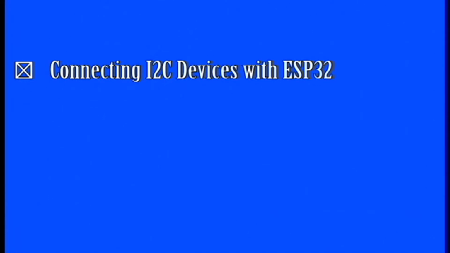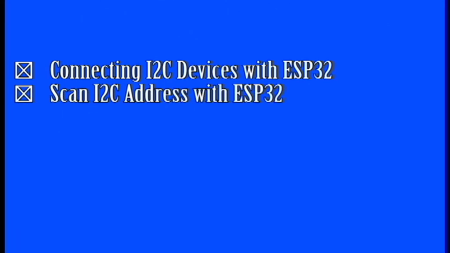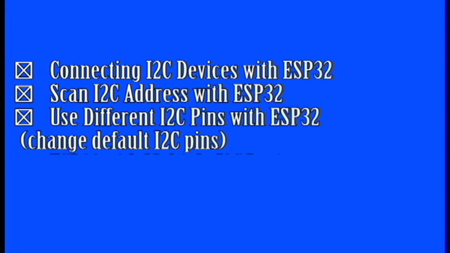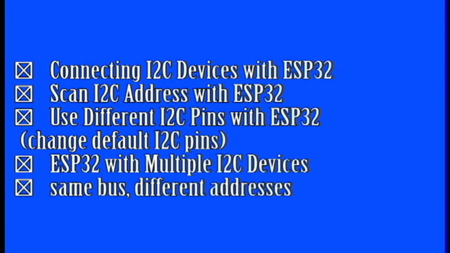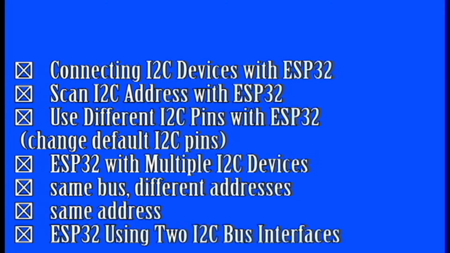We'll cover the following concepts: connecting I2C devices with ESP32, scan I2C address with ESP32, use different I2C pins with ESP32, change default I2C pins, ESP32 with multiple I2C devices, same bus, different addresses, same address, ESP32 using 2 I2C bus interfaces. We'll program the ESP32 using Arduino IDE.